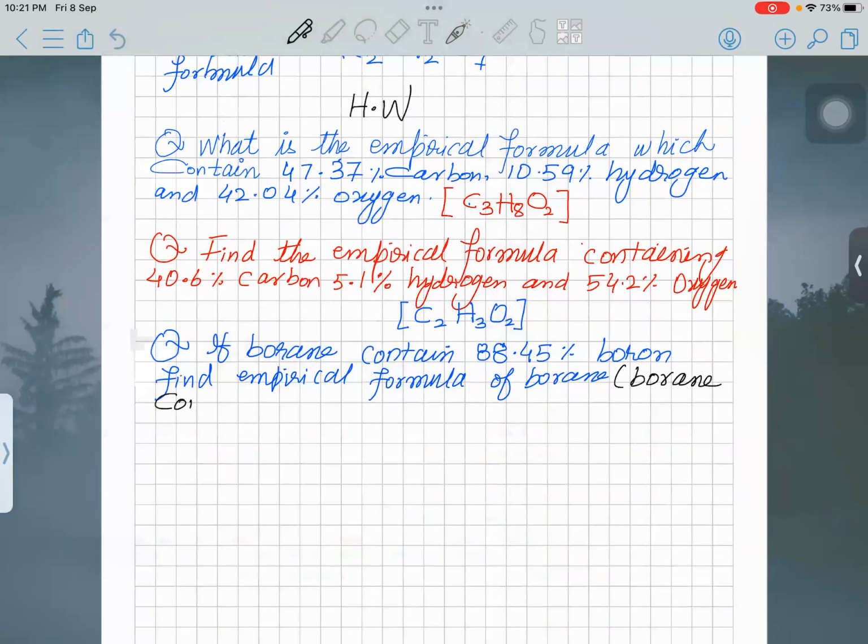Borane contains boron and hydrogen only, so you can easily find the percentage of hydrogen. Answer is B5H7.